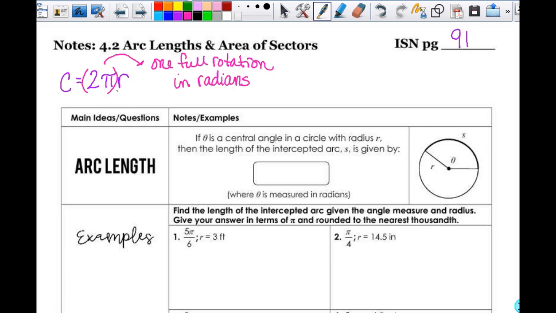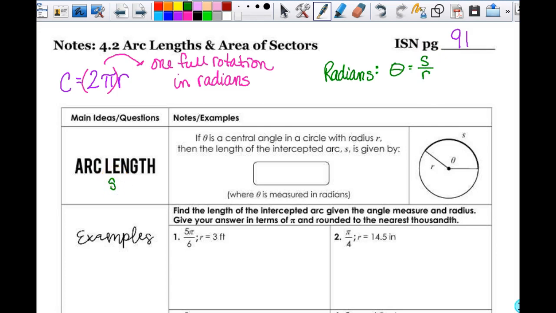So that 2 pi is 1 full rotation in radians, and when the radius is not 1, it just changes how big or small the circle is. Does that make sense to you? Now, when you learn about radians, you learn that a radian measure for theta is the ratio of the arc length to the radius, and arc length we use lowercase s.